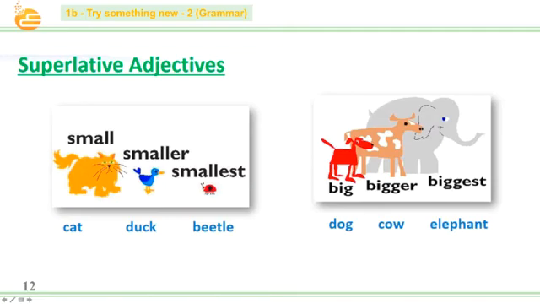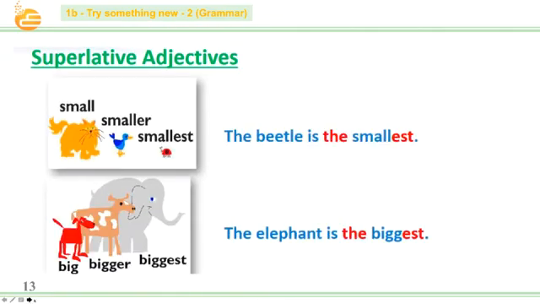Small, smaller, the smallest. Okay? Here we have dog, cow, and elephant. Big, bigger, biggest. Okay, let's see how. Here, the beetle is the smallest. We have more than two things, so we use the superlative adjectives.